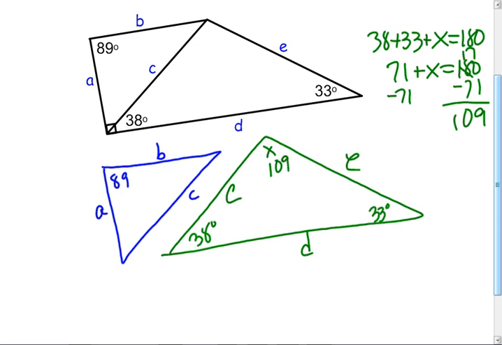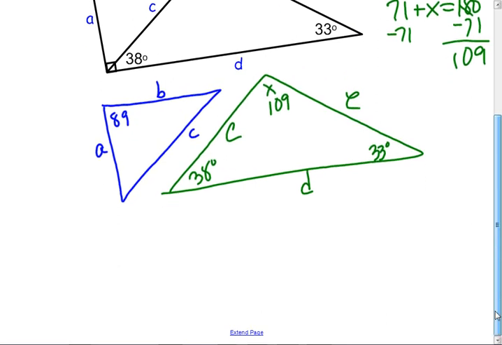Okay, once I've got that, I can order these. Which is the biggest one here on the green one? Which side? D. What's the next one? Side E. Good. And then the last one is obviously side C.